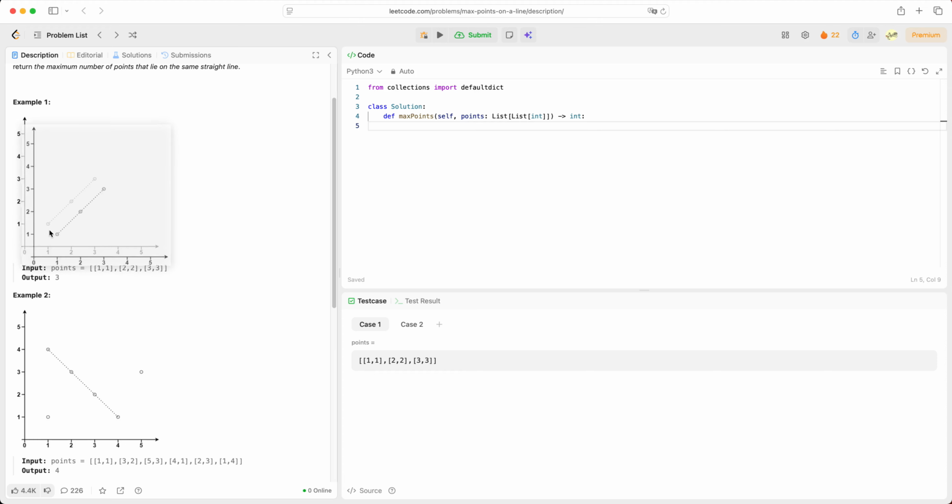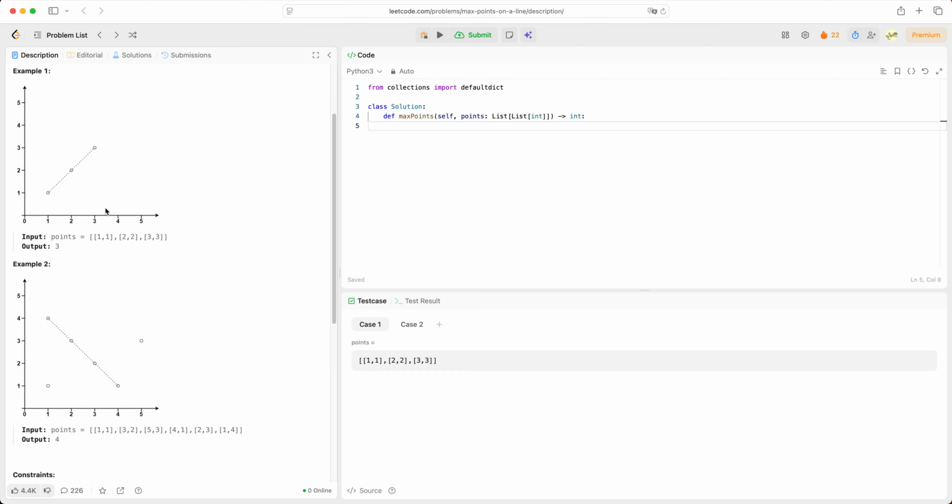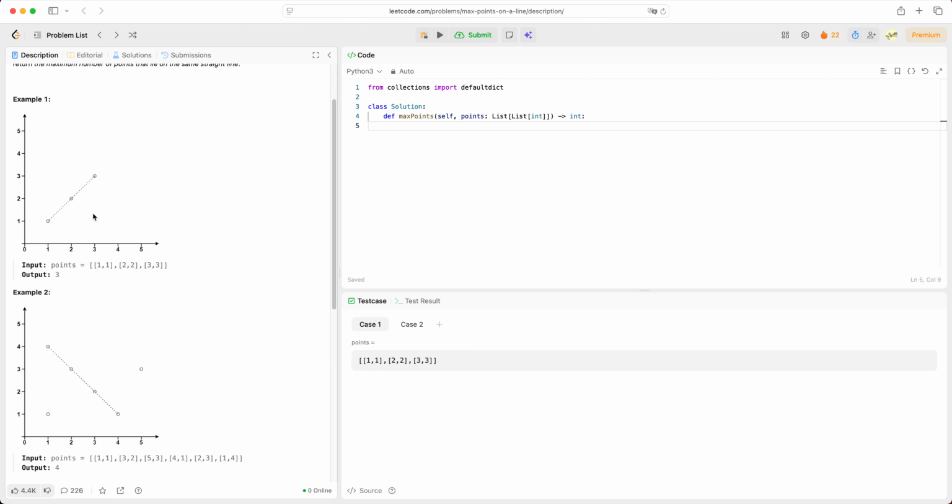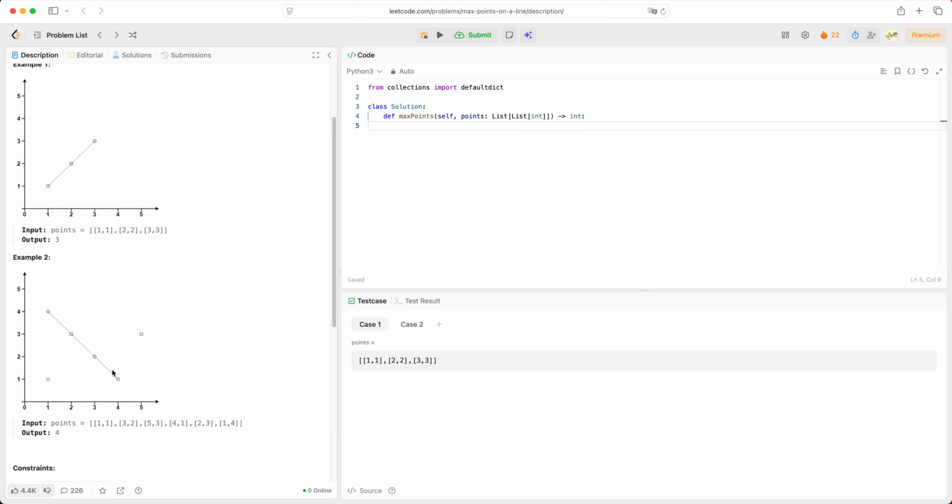You have one loop over the first point that you pick, then an inner loop over the second point that you pick to establish a line, and then a third loop over all of the other points to determine if they lie on the same line as the first 2. So that would require O of n cubed time, and we can do better than that.